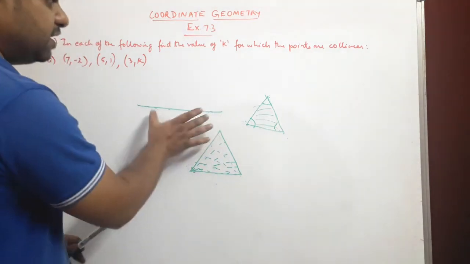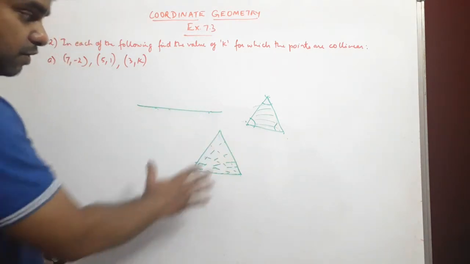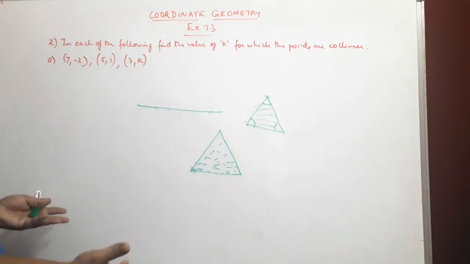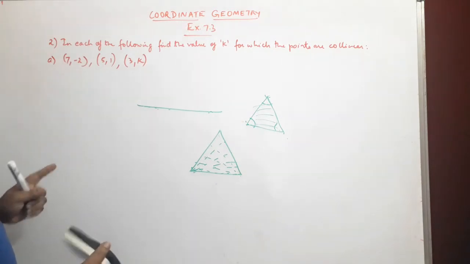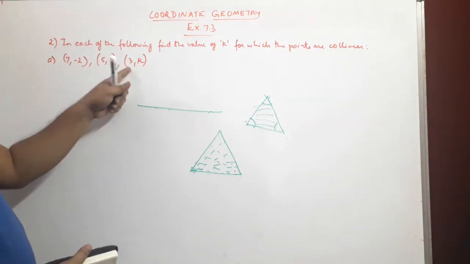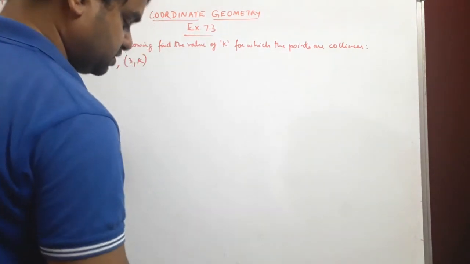But if the three lines merge together, what happens to the area, the space between them? It becomes 0. So if these points are collinear, the area of the triangle formed using these points as its vertices also becomes 0.